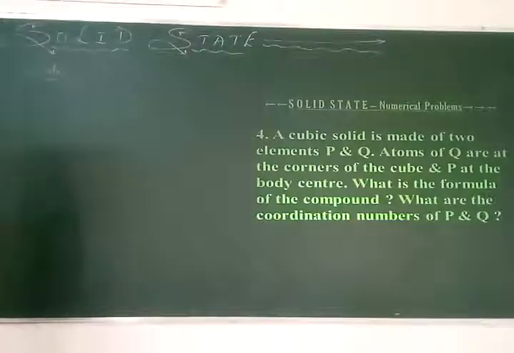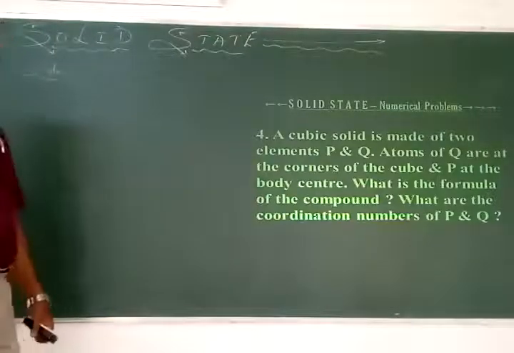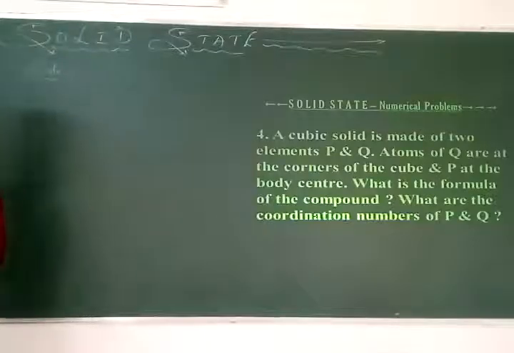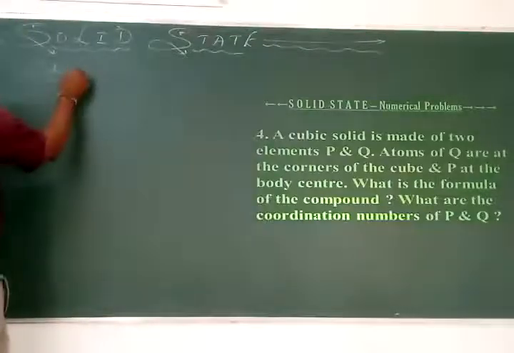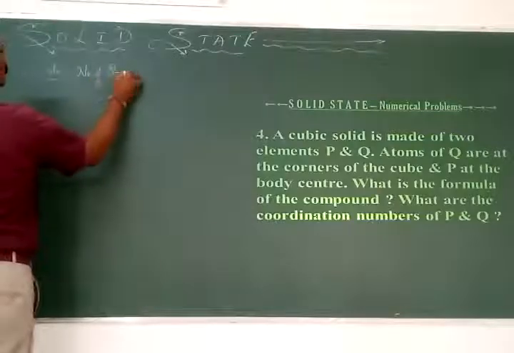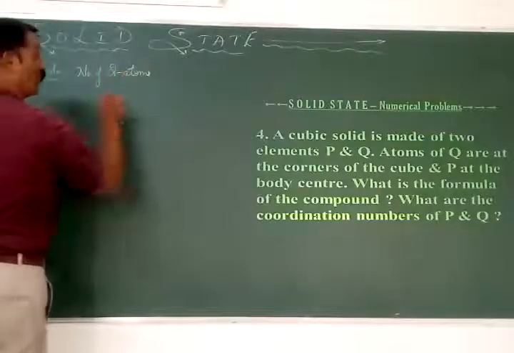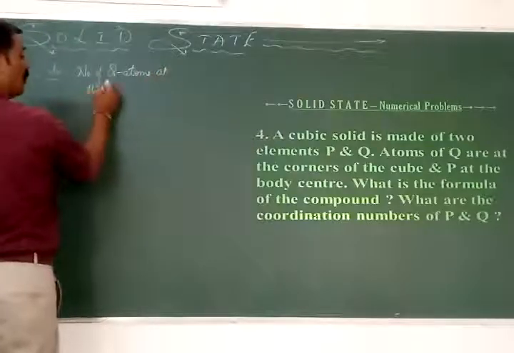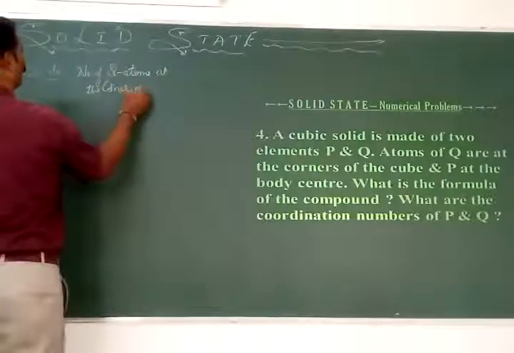So here a cubic solid is made up of the 2 elements. What are those? P and Q. Atoms of Q at corners of the cube and P at the body center. Number of Q atoms where they are at the corners of the cube.